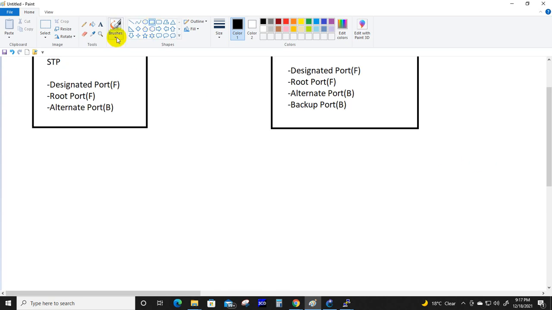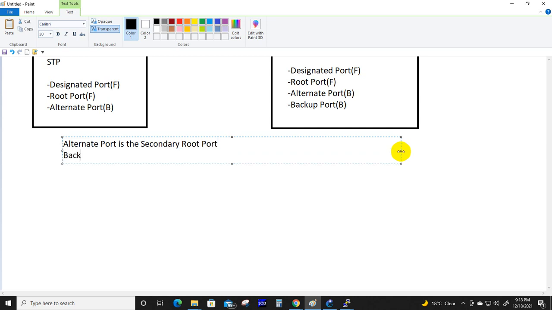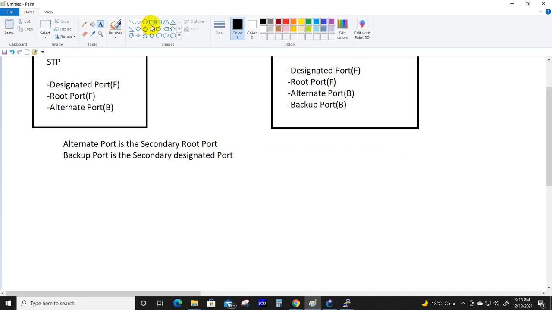Actually, we can say the alternate port is the secondary root port and the backup port is the secondary designated port. Okay. Yes, sir.